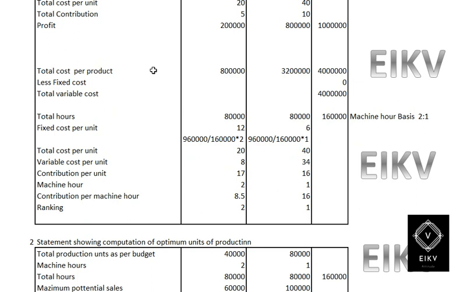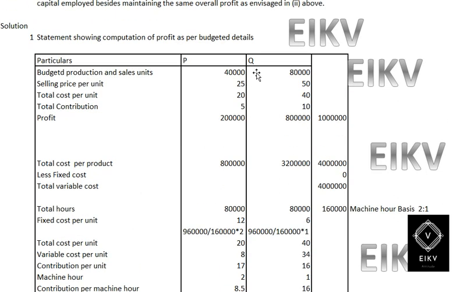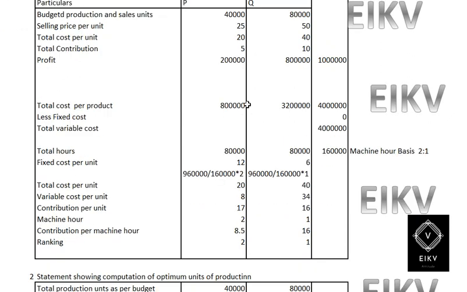Then the machine hours per unit: for product P it is 2 per unit and for product Q it is 1. So the total budgeted quantity will be 40,000 multiplied by 2 and 80,000 multiplied by 1, that is 80,000 and 80,000 machine hours. When we take the total, we get 1,60,000 machine hours.